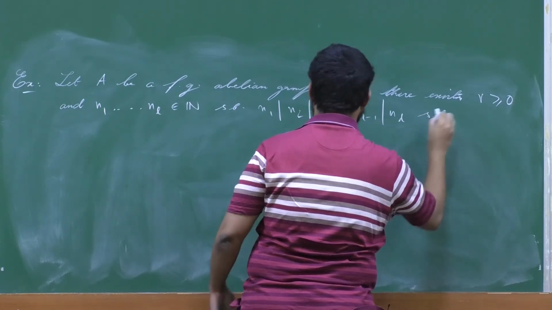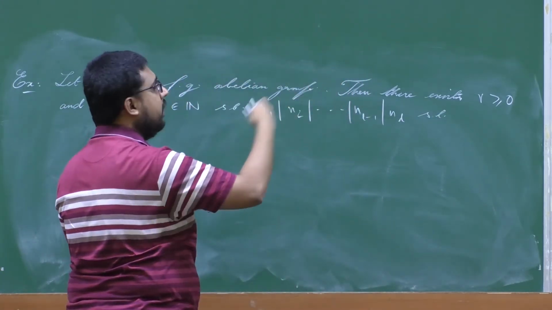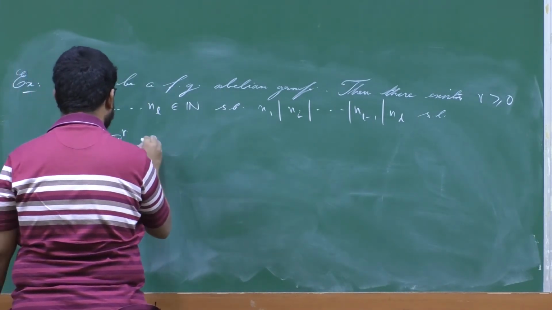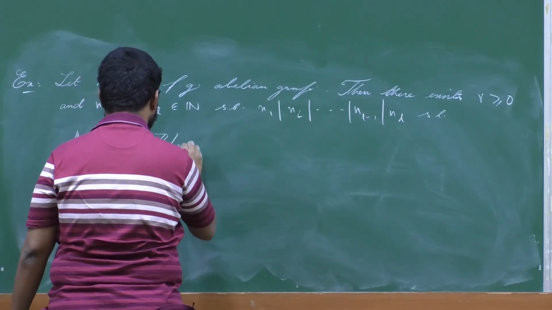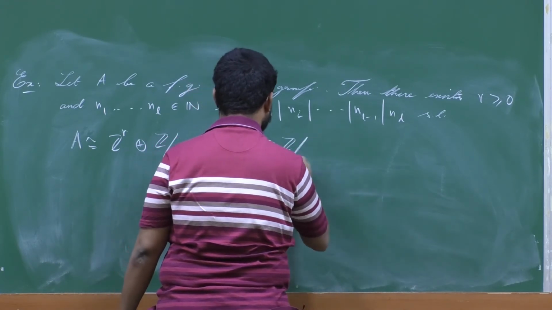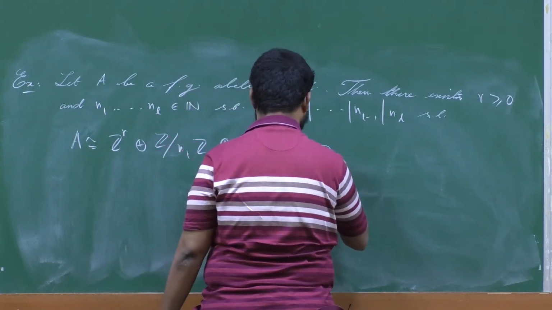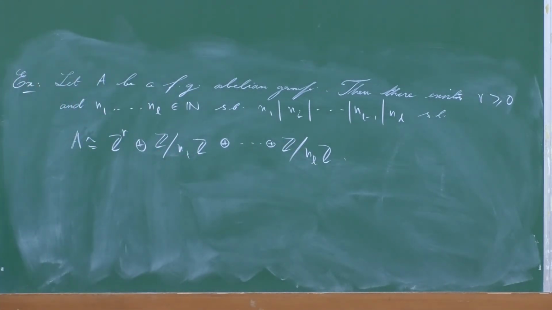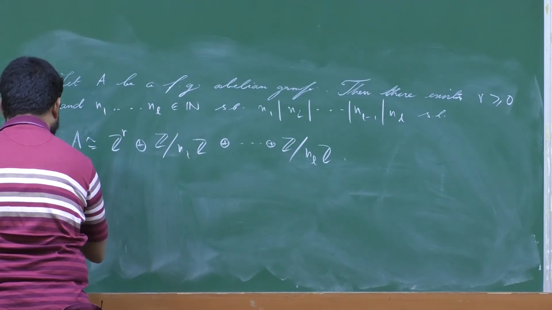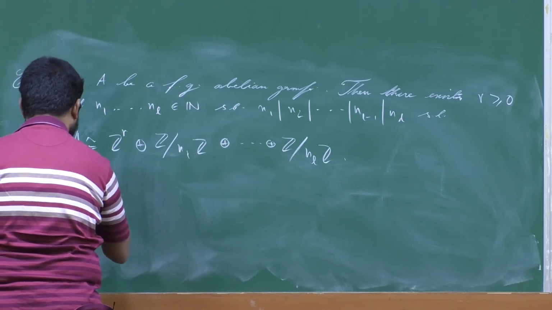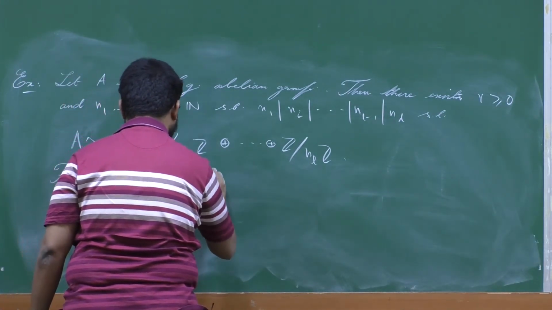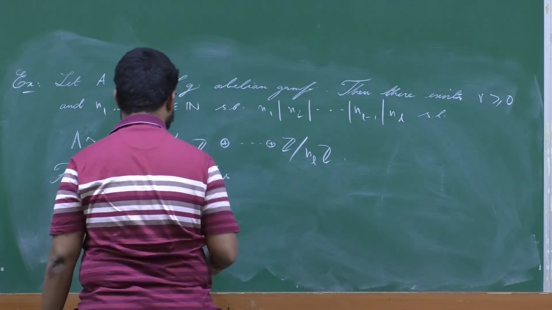So we have a sequence of positive integers, each dividing the next one, such that A is isomorphic to Z^r direct sum Z/n1Z direct sum up to Z/nlZ. Okay, and furthermore r and the ni's are unique.